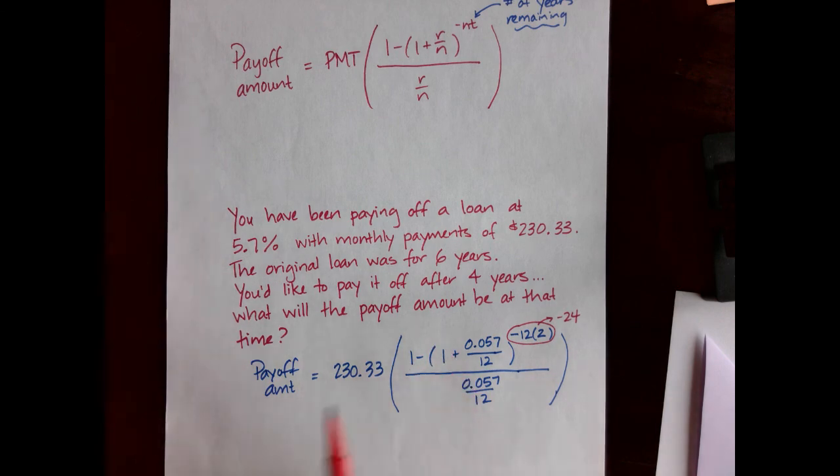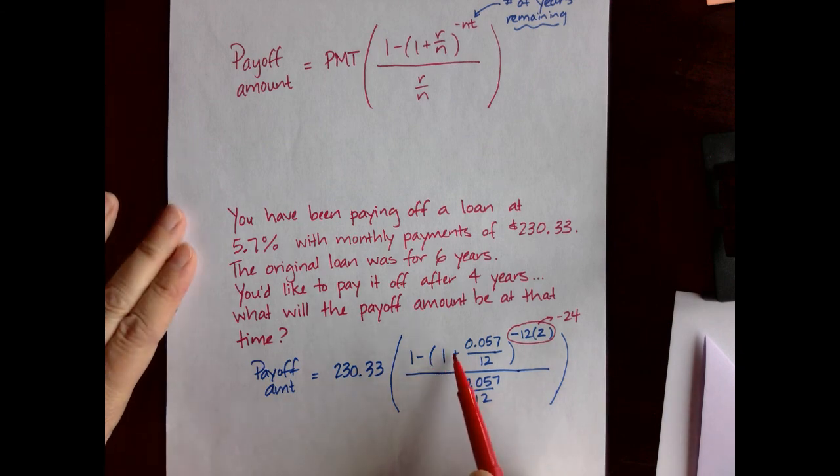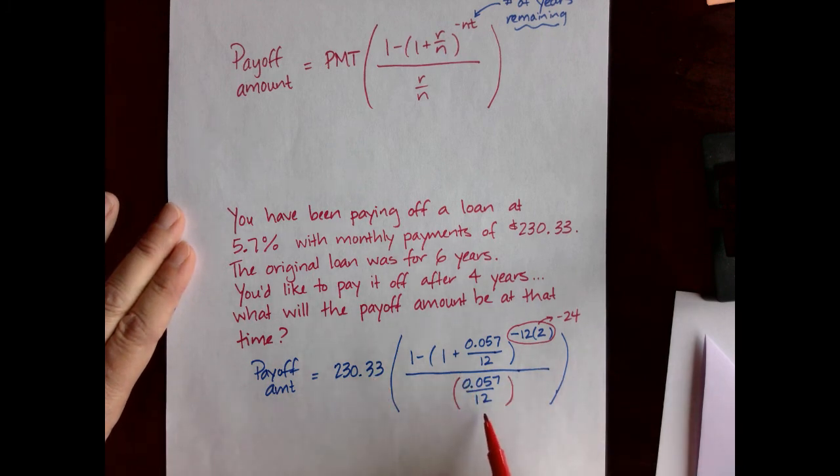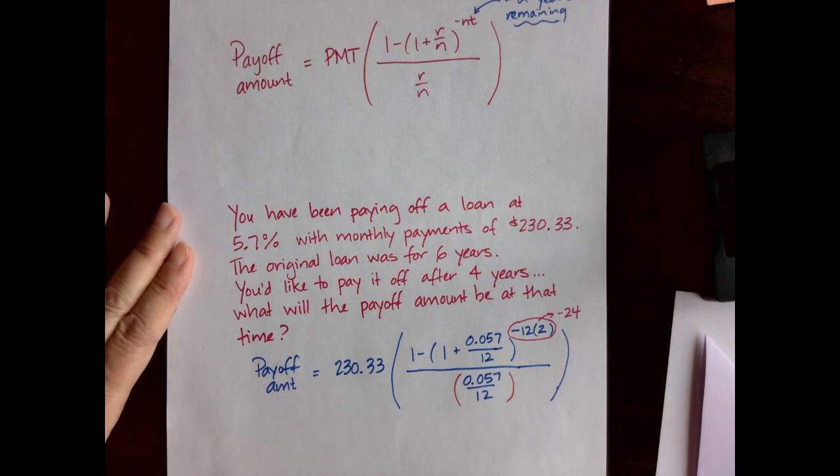You can do the numerator, 1 minus the quantity 1 plus 0.057 divided by 12, and raise that quantity to the negative 24. You can find that answer and multiply by 230.33. Find that answer, and then divide by, I would encourage parentheses on this part, 0.057 divided by 12 in parentheses.